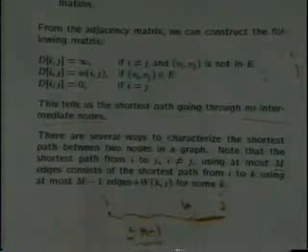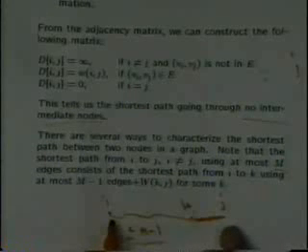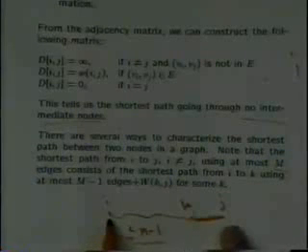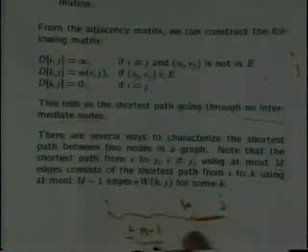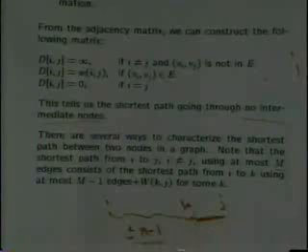So the cost of the shortest path from here to here using at most m edges is going to be the cost of the shortest path to some vertex using at most m minus 1 edges plus that last edge that you use. How many people see what I'm saying? How many people do not see what I'm saying?